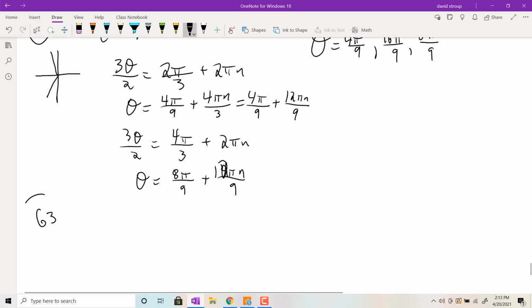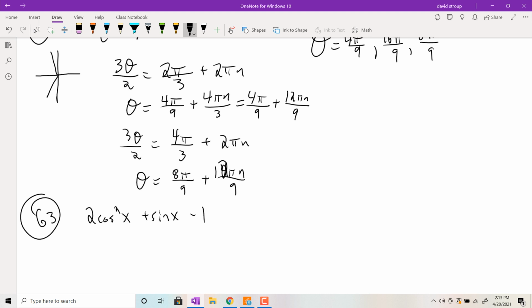So 63: 2 cosine squared x plus sine x minus 1 is 0. So first you have to use one of your identities, the Pythagorean identity in particular, and then you're going to turn it into a quadratic equation. Okay, so first I'm going to use the Pythagorean identity to change cosine squared x.